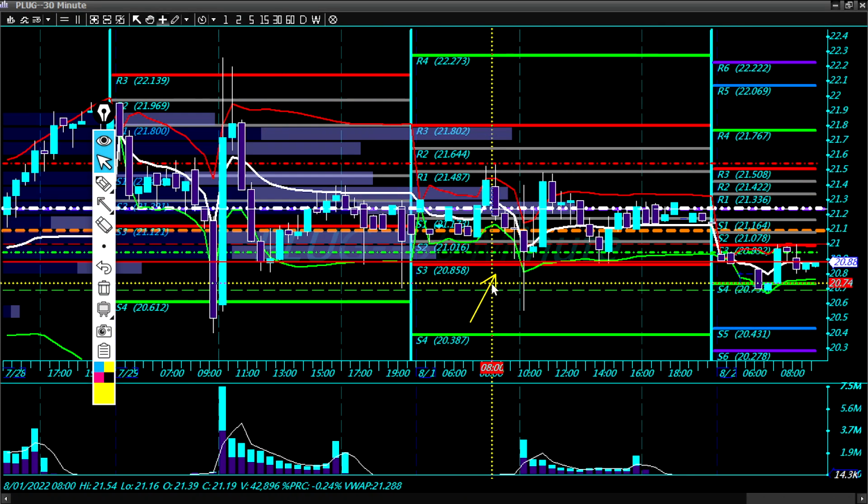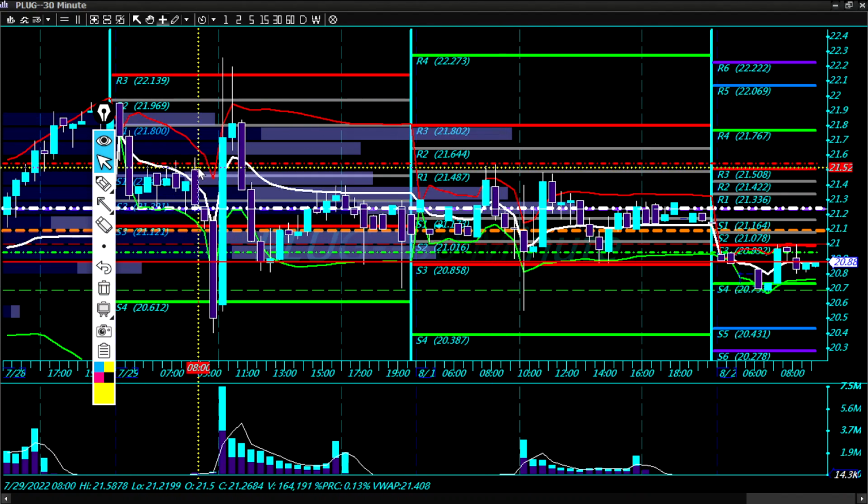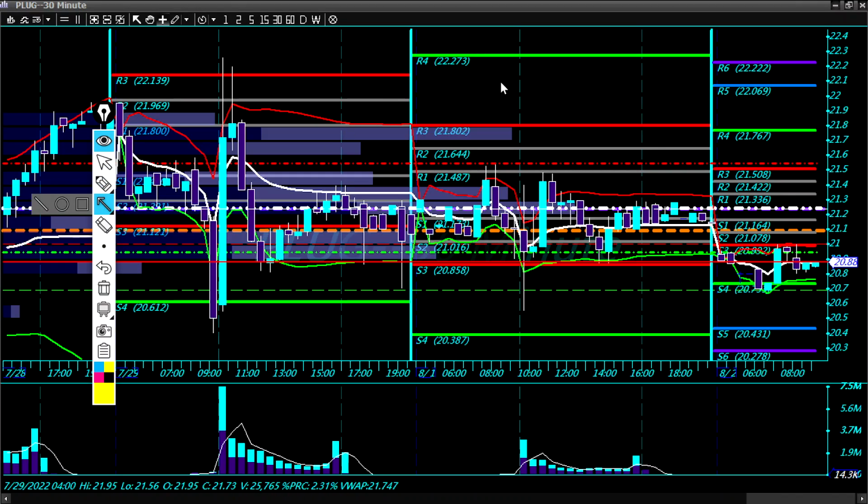Let's move that up a little bit. 2085, and R3 was at 2180. So if we're breaking out of the consolidation, and today we have an inside value day, so R3 is at 2150, S3 is at 2099.